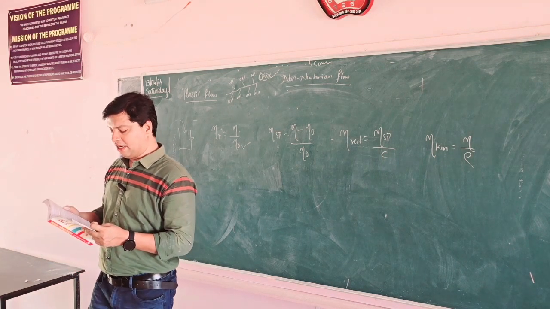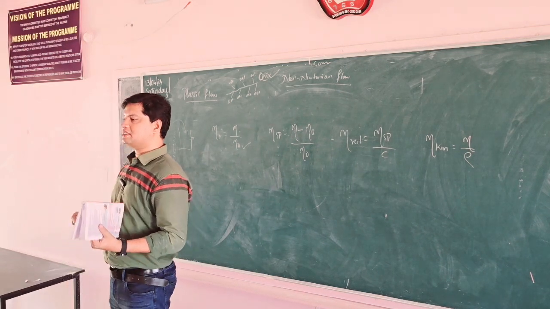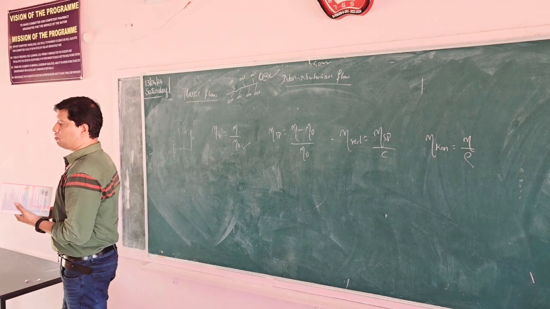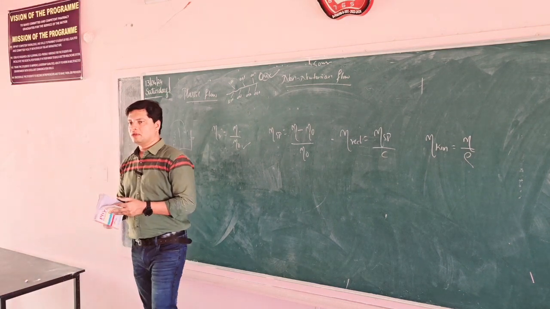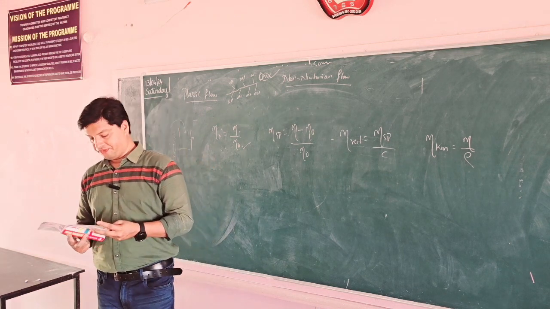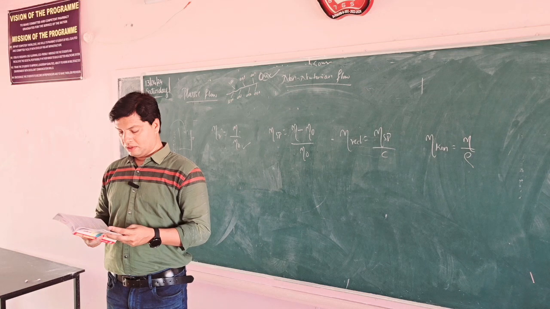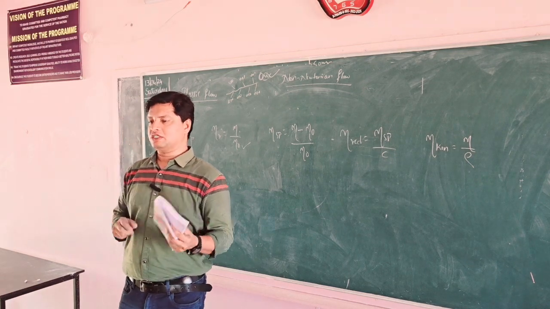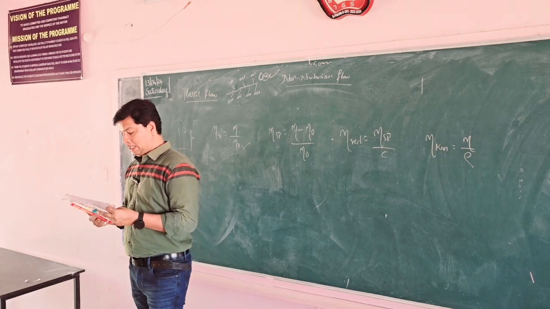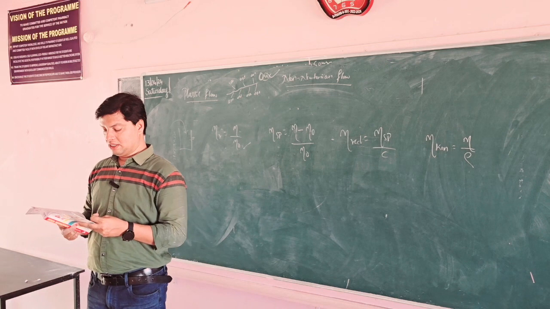Addition of non-electrolytes like sucrose, glycerin, alcohol will slightly increase the viscosity. Addition of electrolytes will decrease the viscosity. Remember this.